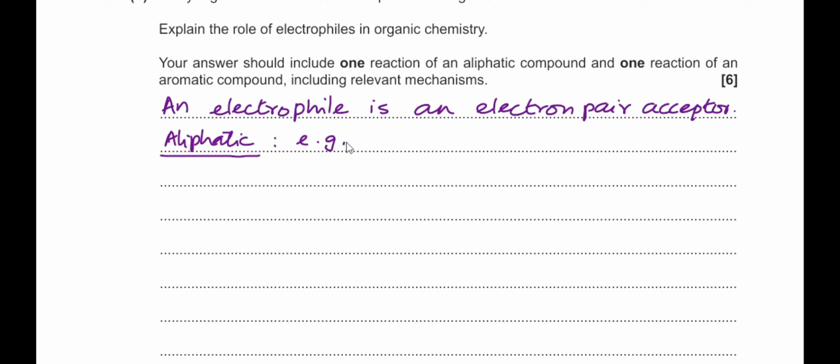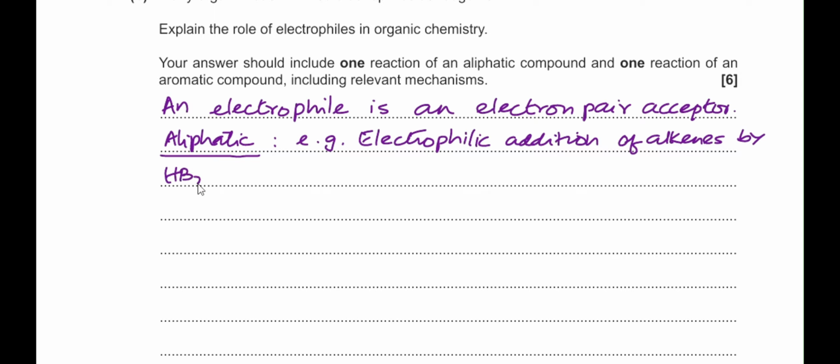Example can be electrophilic addition of alkenes by a hydrogen halide, let's say HBr, to form haloalkanes.